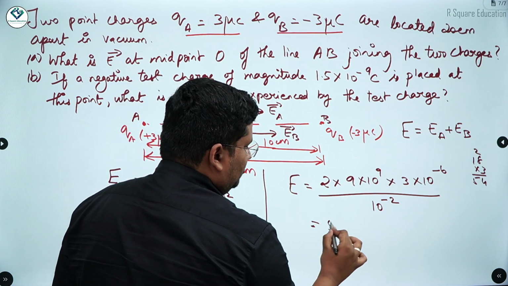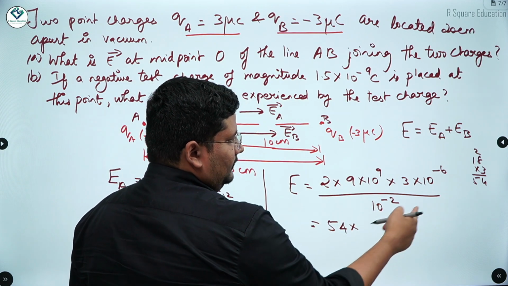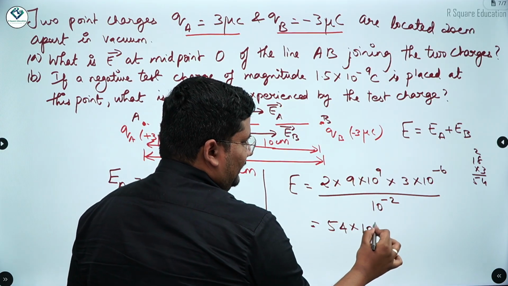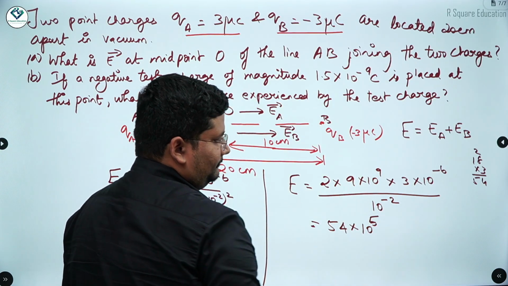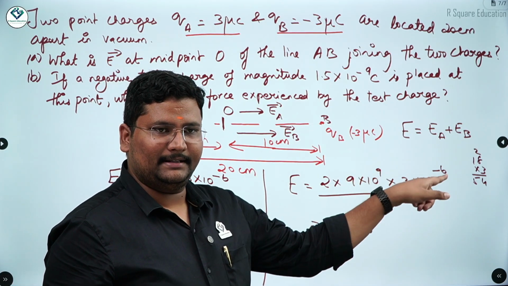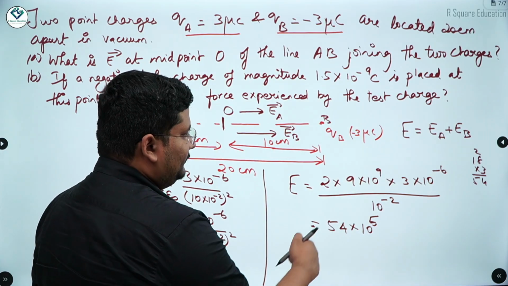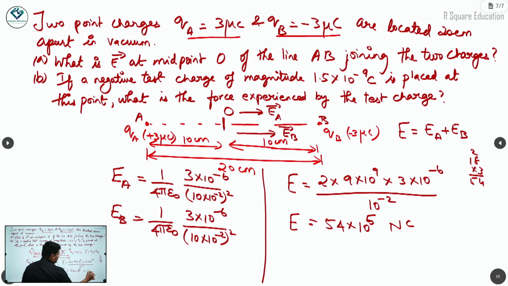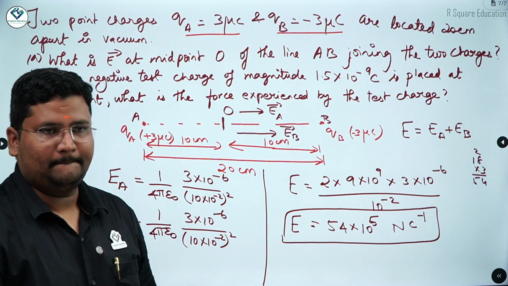So 54 into 10 power 2, plus 10 power 9, then 10 power minus 6, so 10 power plus 5, correct? So 54 into 10 power 5 is going to be your electric field, and the unit is going to be NC inverse. Clear?